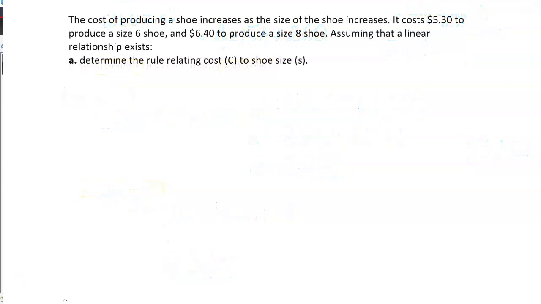So here we get told the cost of producing a shoe increases as the size of shoe increases. So that's the piece of information that tells us which is the y and which is the x.